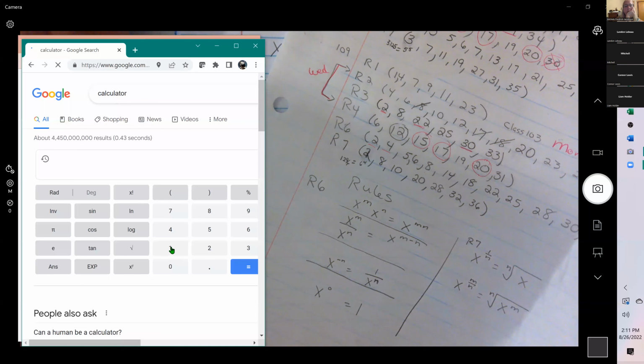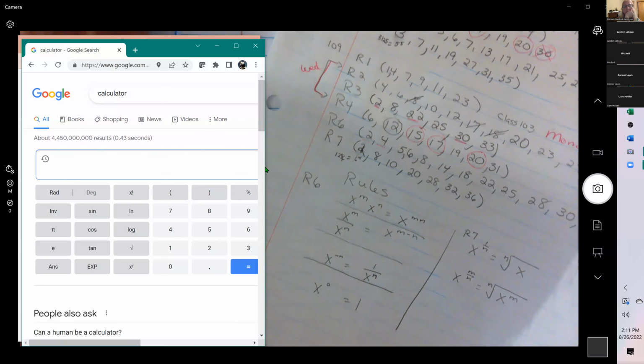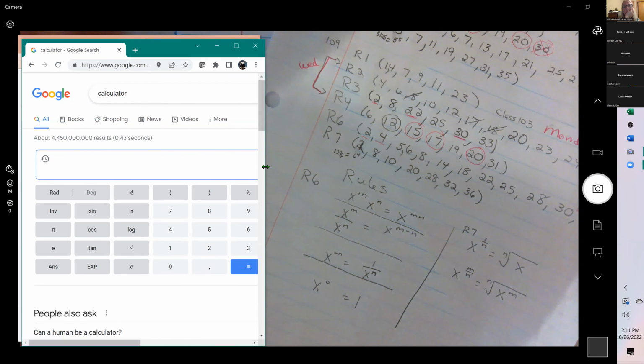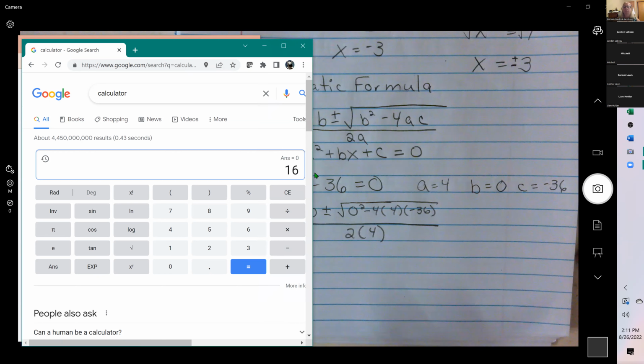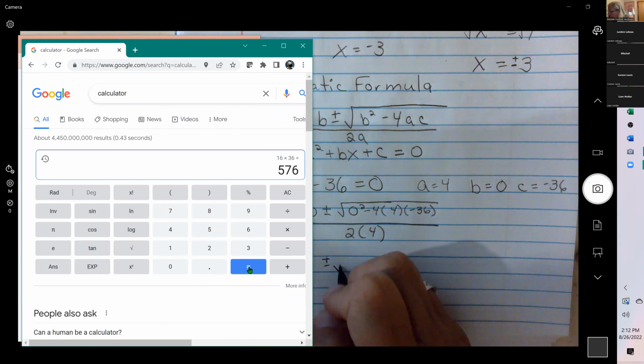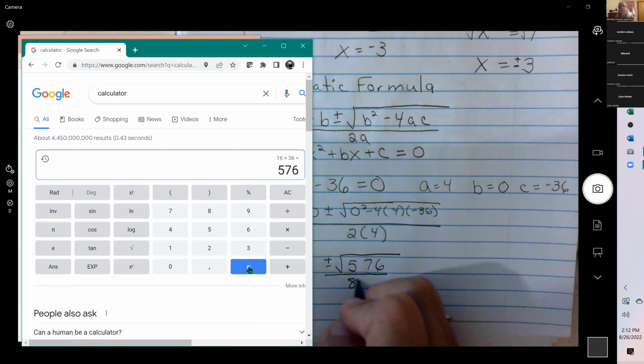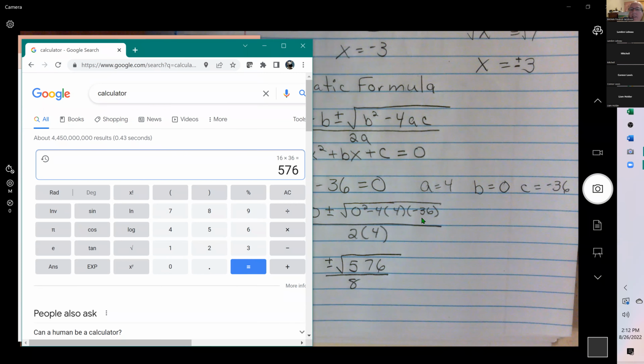Okay. So if I multiply this together, 4 times 4 is 16 times 36 is 576.